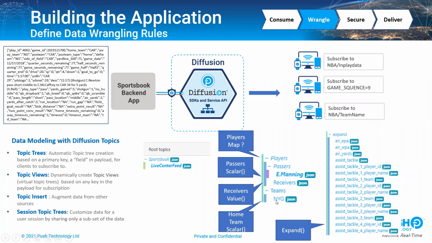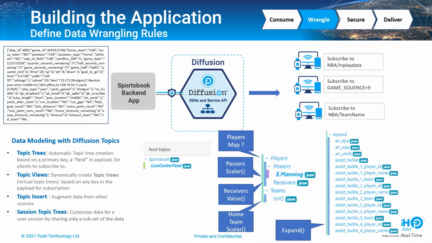I only subscribe to that individually. And so then I'm subscribing to New York Giants, and then I'm using our expand feature, which basically takes all of this data and expands it into individual atomic topics which can be subscribed to and worked with.